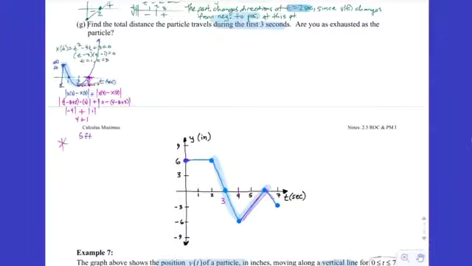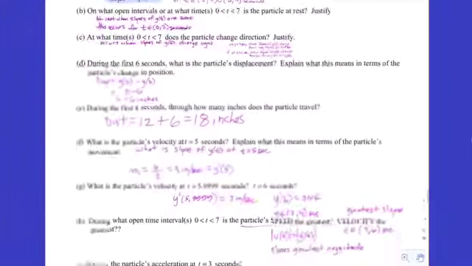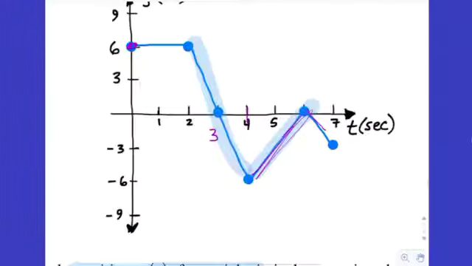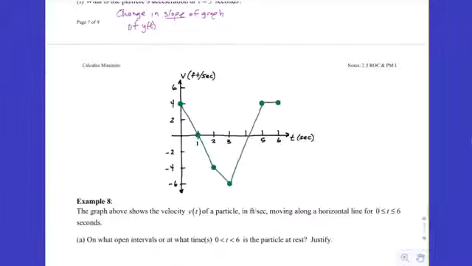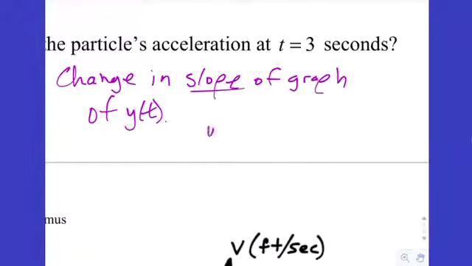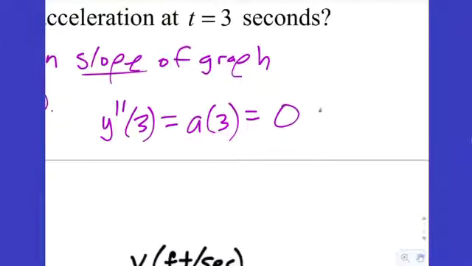And so what can you tell me about how fast the slope is changing right there at t equals 3? It's not changing, right? Because it's part of a line segment and lines have constant slopes, that line's slope is not changing, and therefore we could actually say y double prime of 3 equals a of 3, if you want to call it the acceleration function, is 0 feet per second squared.